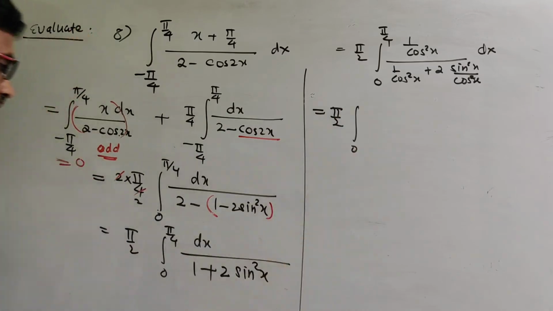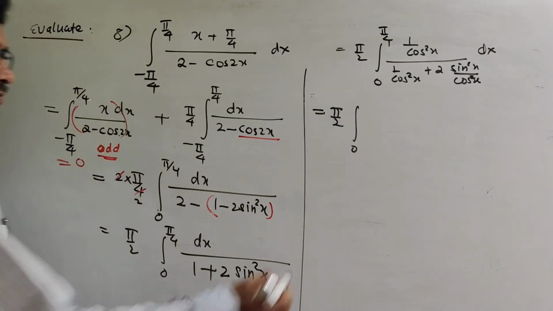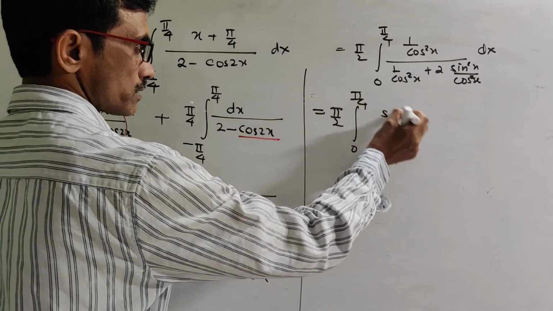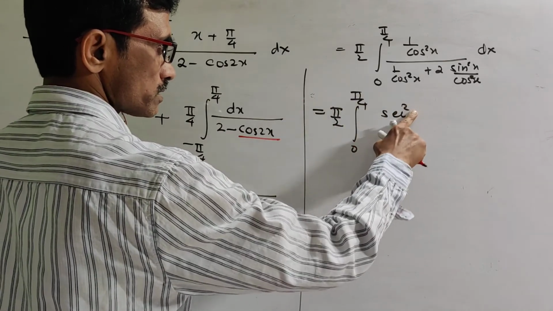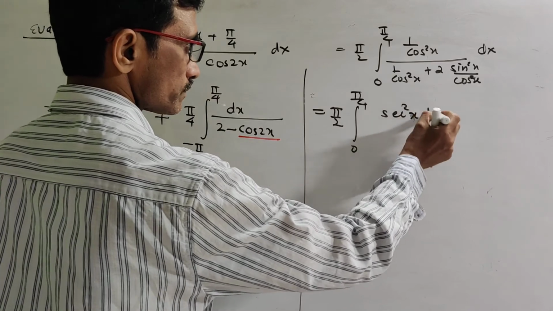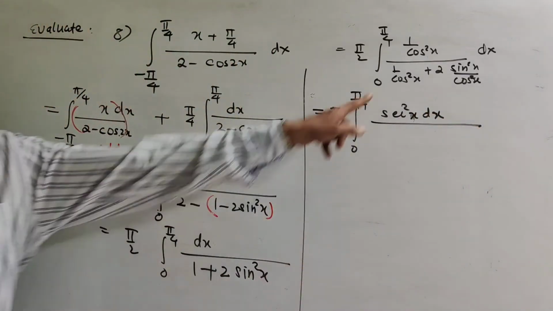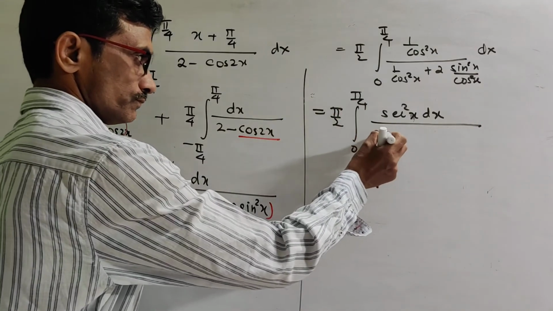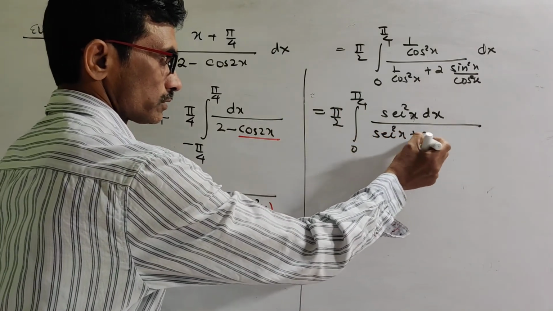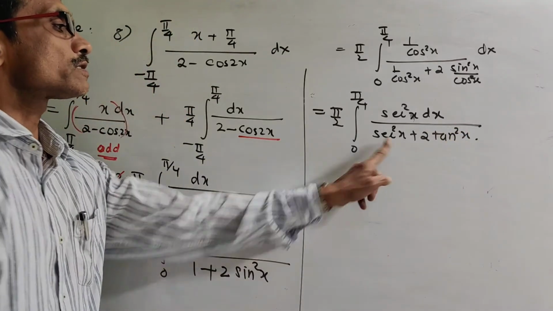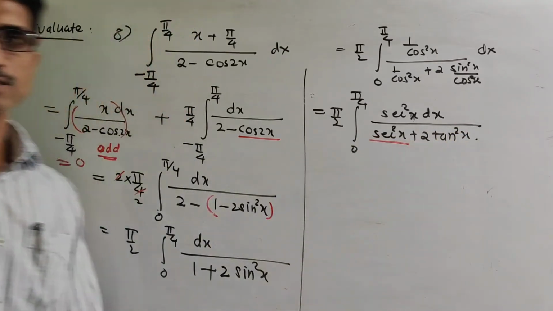Which is pi by 2 integral 0 to pi by 4 sec square x dx upon sec square x plus 2 tan square x. Now again this sec square x we write as 1 plus tan square x.